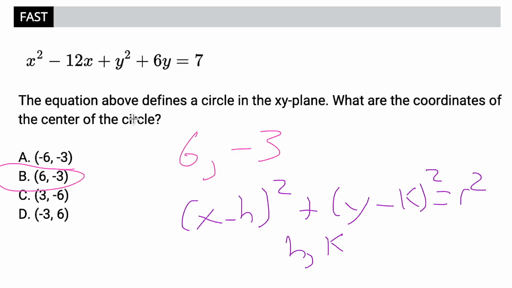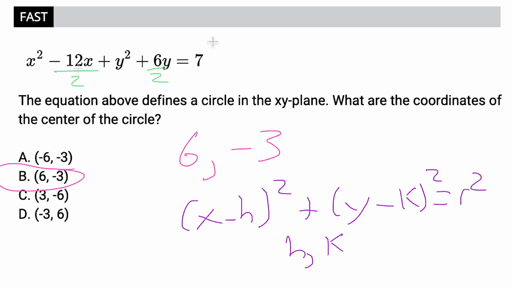Now, I know what you're thinking. What the heck, bro? That doesn't look like that at all. No, you're right. It doesn't. What we would normally have to do is we would have to complete the square and move stuff over here. And basically, to complete the square, you want to take the coefficient in front of x and y, and first you divide it by 2, and then you square it, and then you add that to each side.